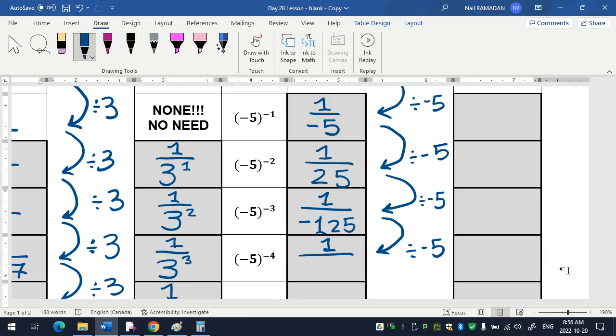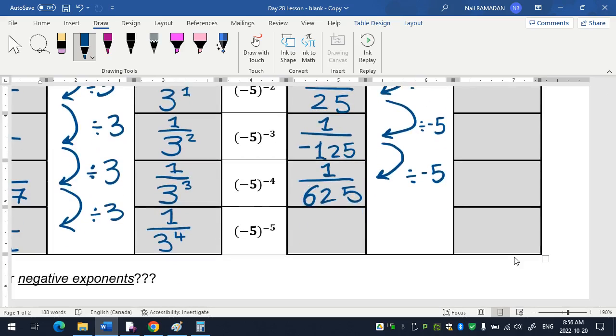It has to be positive because the pattern never fails. Negative, positive, negative, positive. 625. And then finally, I'll spot you the negative. Just give me the number. 3,125. Okay.